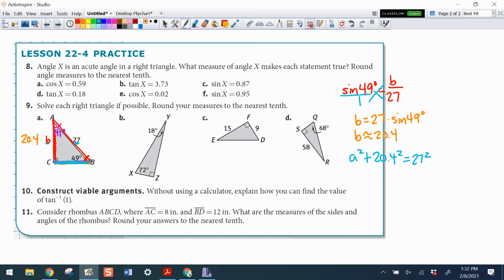So let's use our handy dandy calculator to square those. 20.4 squared is 416.6. 27 squared is 729. We'll subtract 416.6 from both sides, and we'll get a squared is equal to 312.4. Last but not least, to find a, not a squared, we're going to take the square root of both sides.